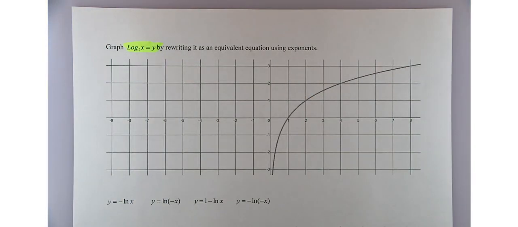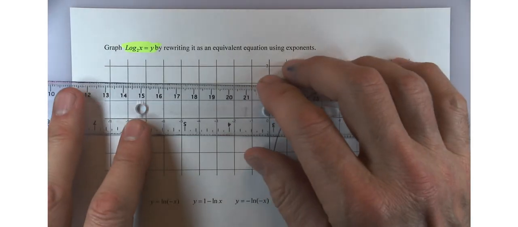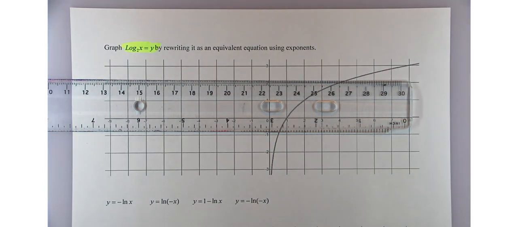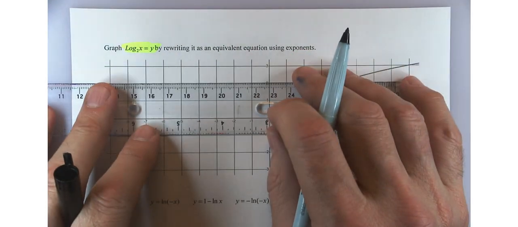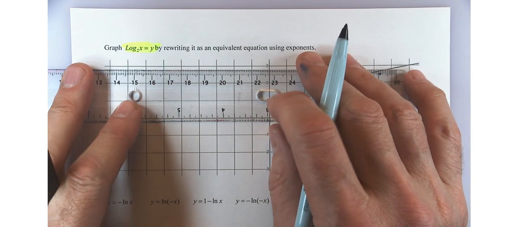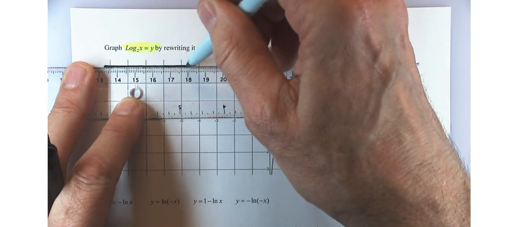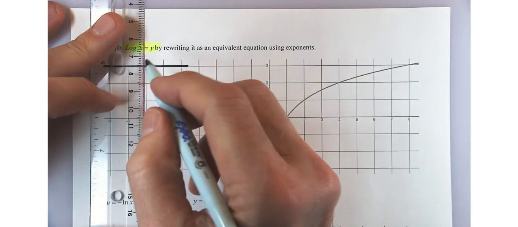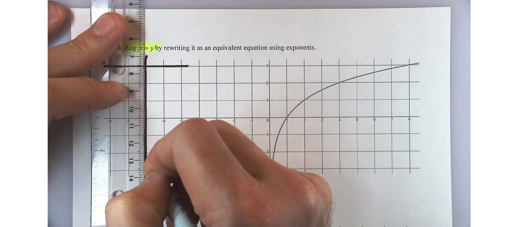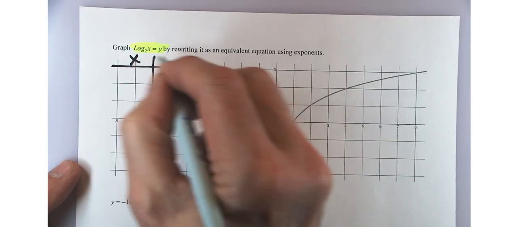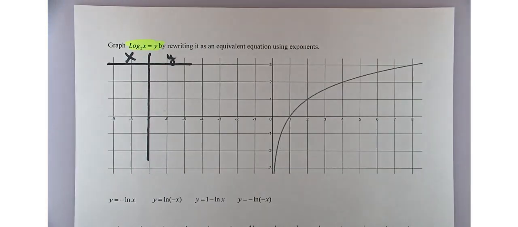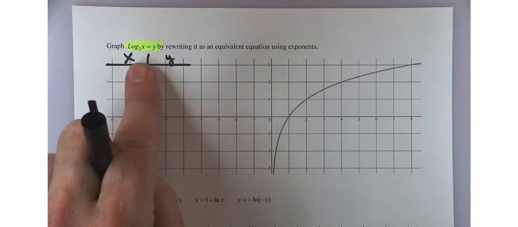And while you do that, I'm going to sketch myself a little t-table. So we're going to have x here and y here. But what would that look like if I rewrote it using exponents?